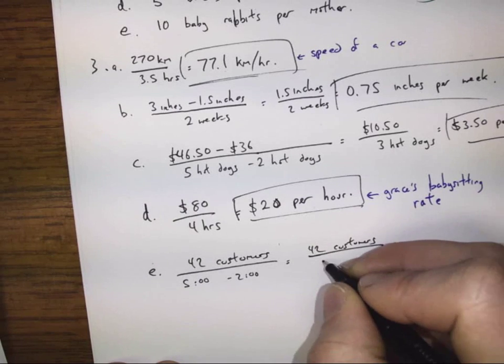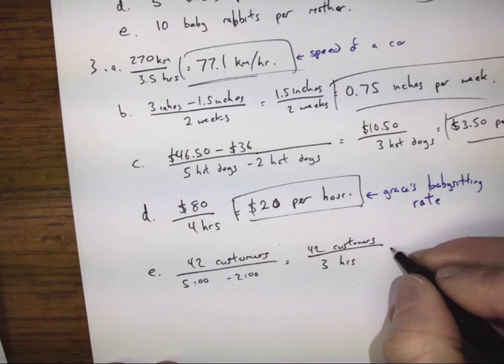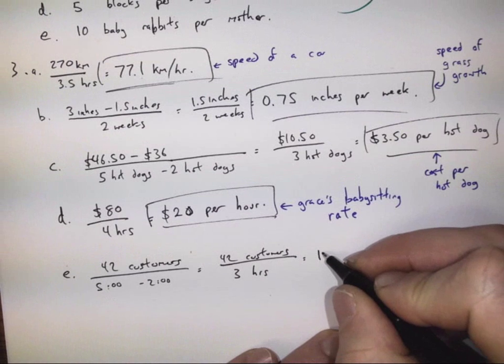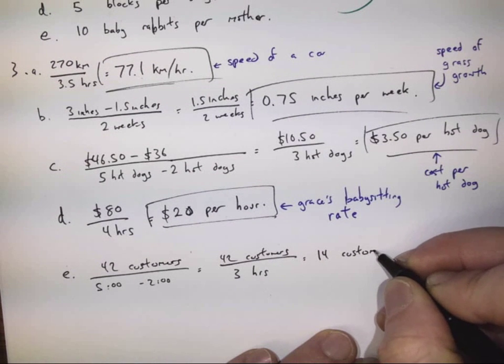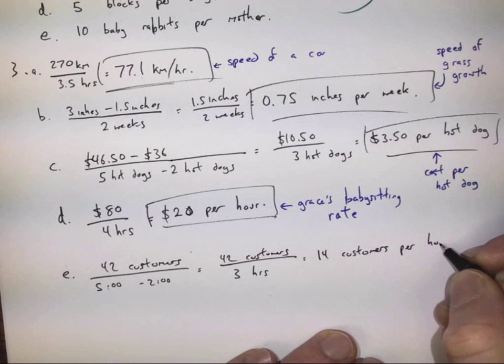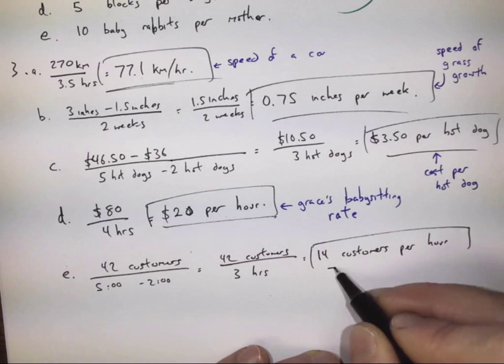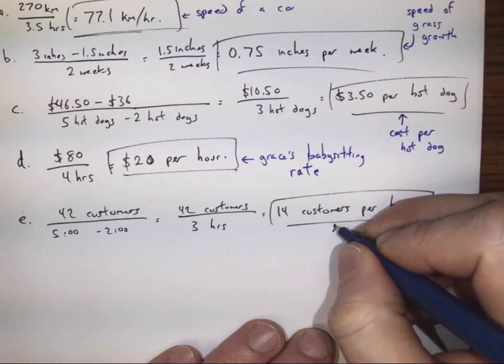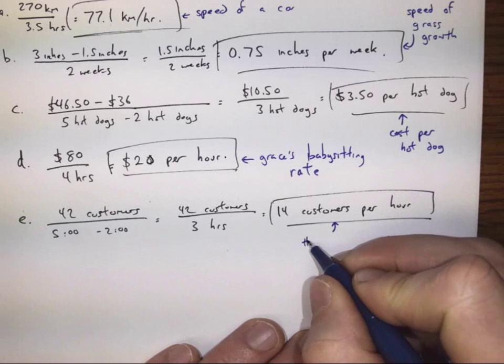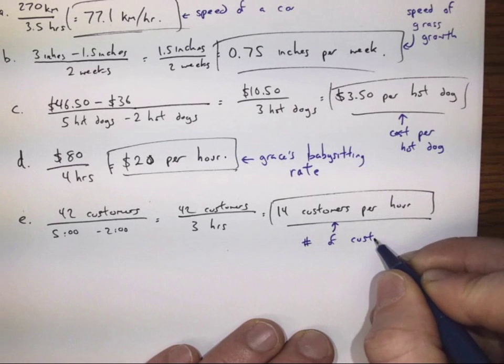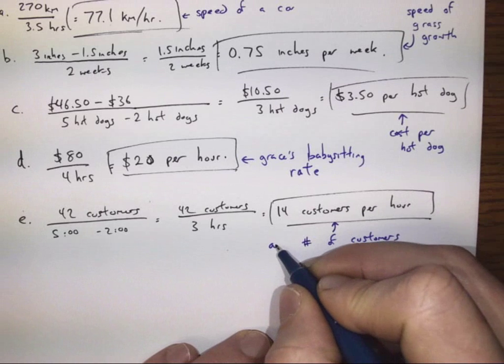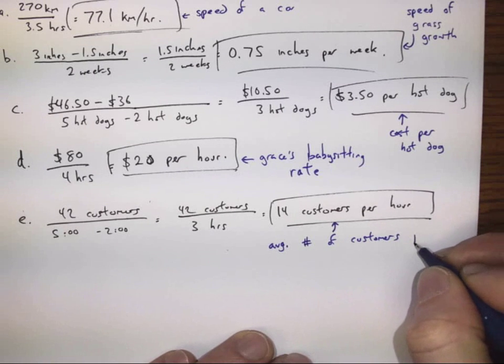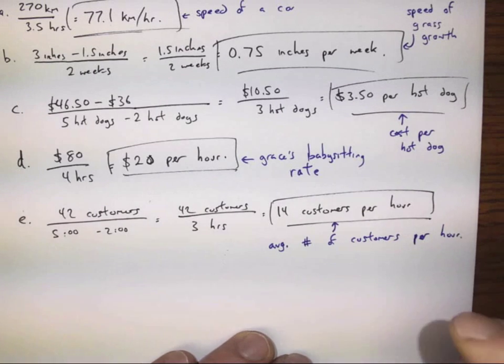You probably did this in your head over 3 hours, which tells us that we get 14 customers per hour. This one is almost so self-explanatory that we barely even need to do it, but this is the number of customers, average number of customers per hour.